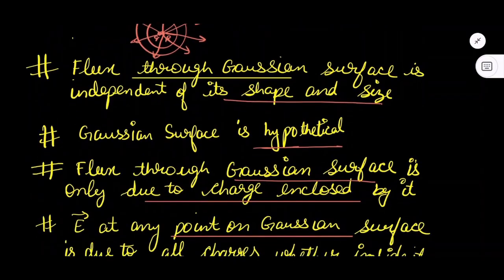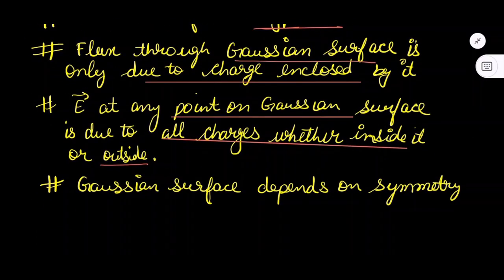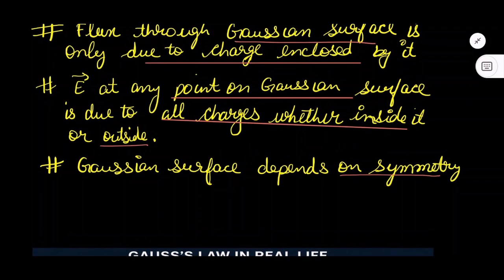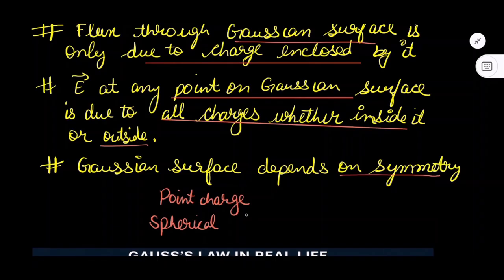Moving further, we see that the Gaussian surface depends on the symmetry. Now how do we draw this hypothetical Gaussian surface? It depends upon the symmetry. Suppose we have a point charge. For the point charge, we'll make a spherical Gaussian surface. We'll see in later examples that for the point charge we draw a spherical Gaussian surface, right?